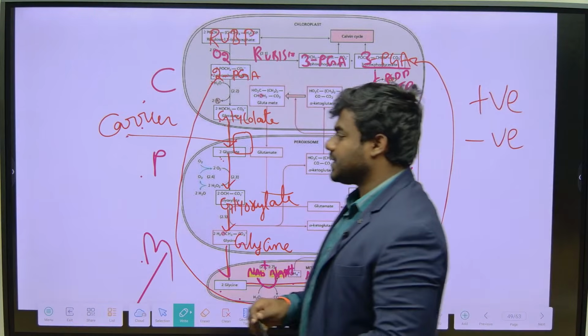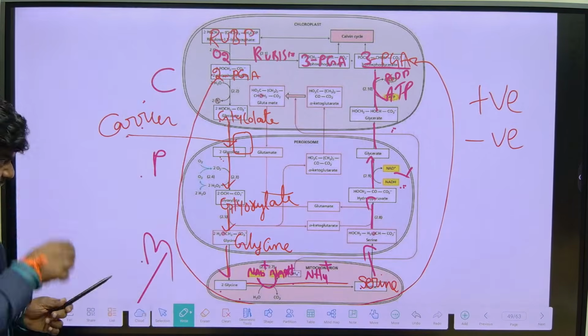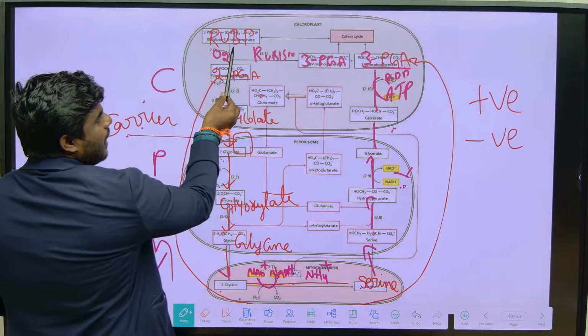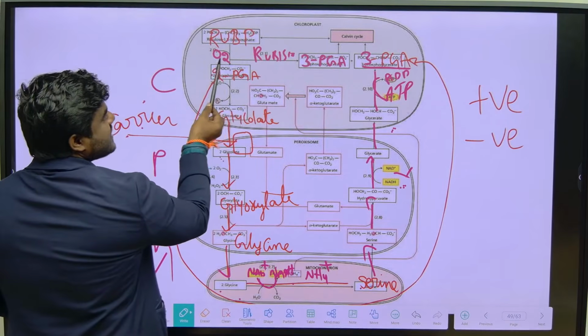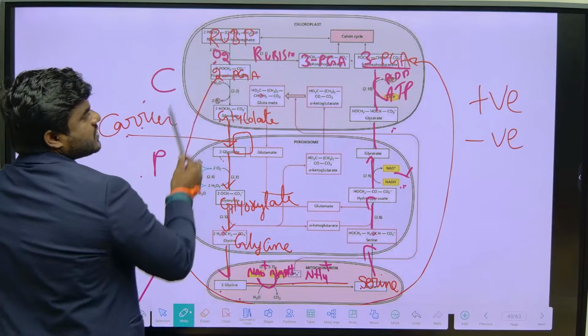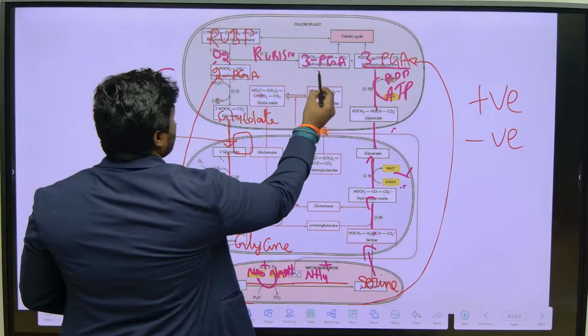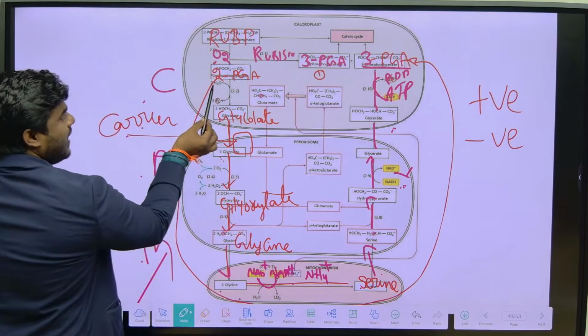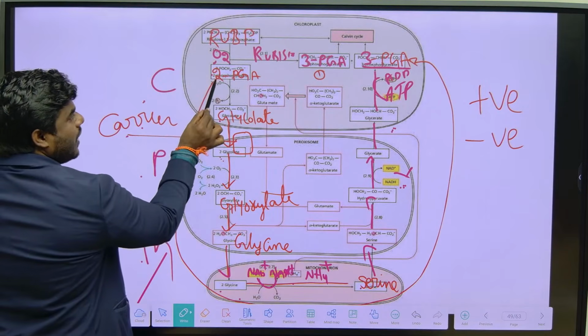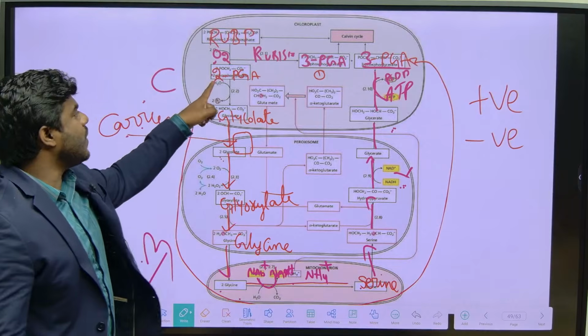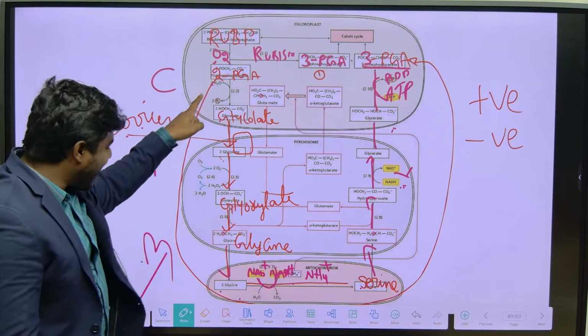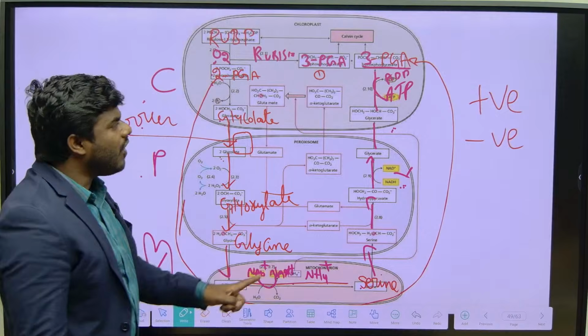So now I'll summarize everything, all of you focus. Whenever Rubisco fixes oxygen instead of carbon dioxide, instead of getting 2 molecules of 3-PGA, we get only 1 molecule of 3-PGA and 1 molecule of 2-PGA. Now this 1 molecule of 2-PGA has to move through all the organelles.